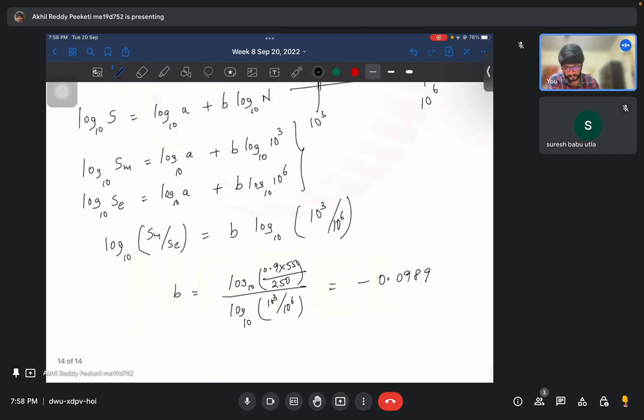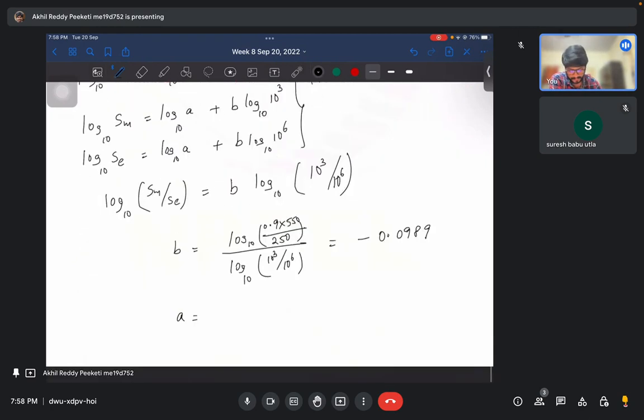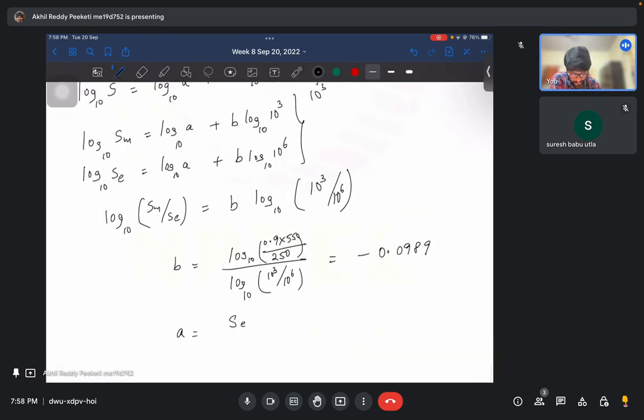Now to get A, any one point we can take: Se by N power B at 10 power 6. So 250 by 10 power 6 power minus 0.0989.